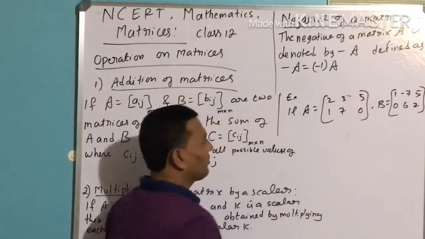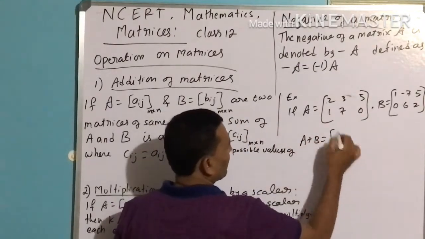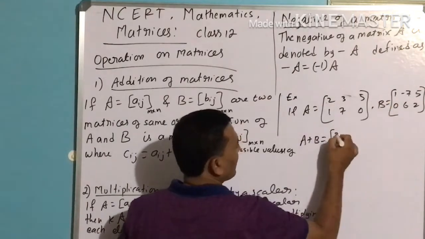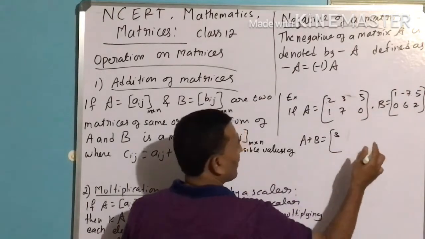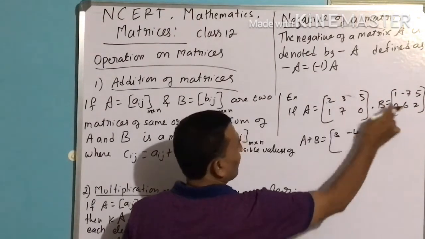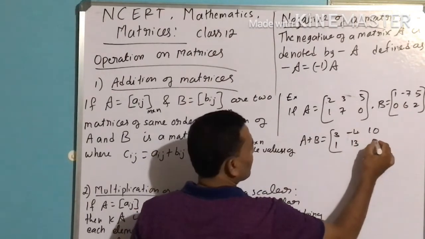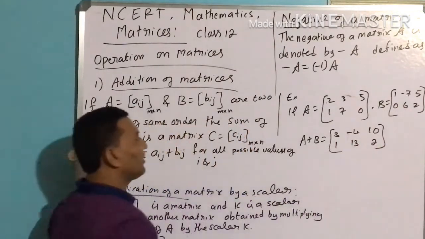Now both are of the same order. Now the sum of the matrices A plus B is equal to 2 plus 1, 3; 3 plus of minus 7 will be minus 4; 5 plus 5, 10; 1 plus 0, 1; 7 plus 6, 13; 0 plus 2, 2. This is how we add two matrices.